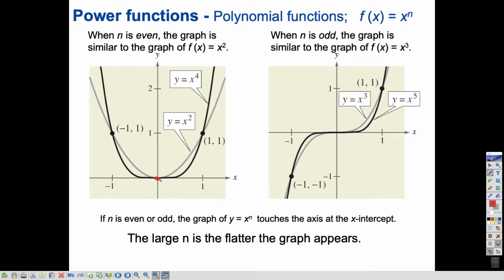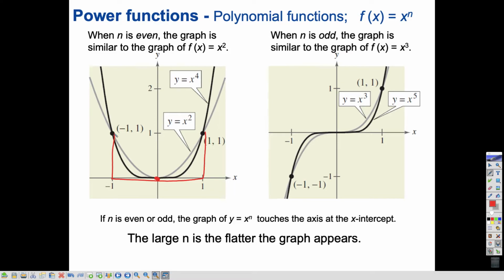What do you think would happen if I had x to the 20th? It almost looks like a box, wouldn't it? But it wouldn't be. If we put it on our calculator and kept zooming in, we'd start seeing the curve. So the higher the degree, the flatter the curve appears. x squared is an even function, yes?